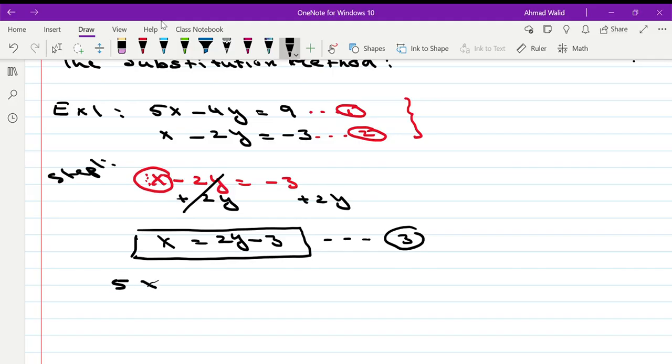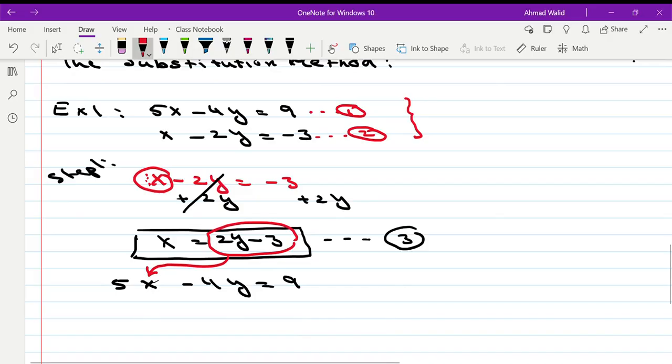5x minus 4y equals 9. Now, substitute means changing, plugging in a value, correct? What you do, you take this value of x that you solved here and you plug it in the second equation, like this.